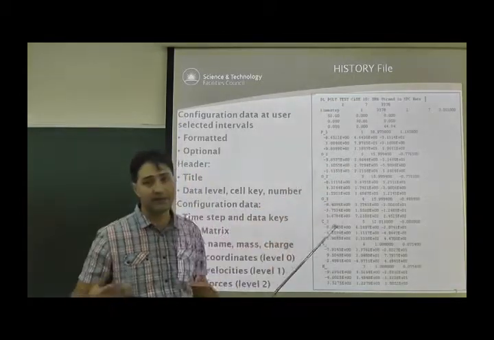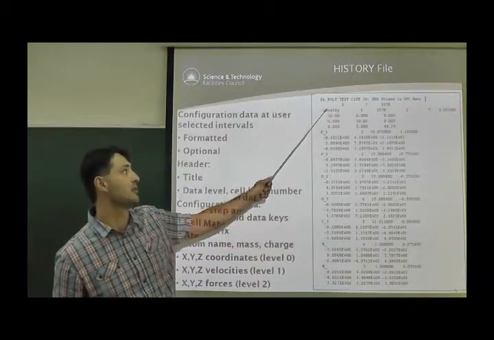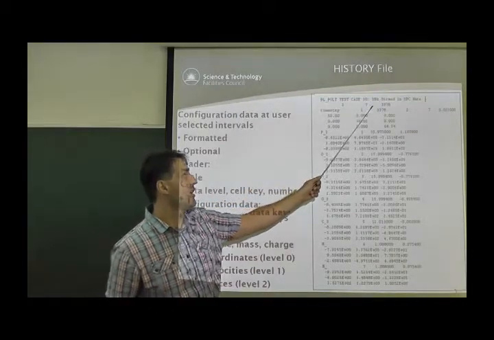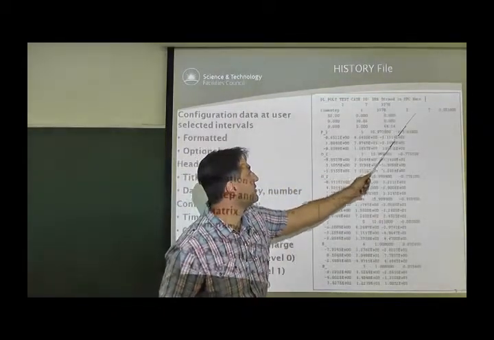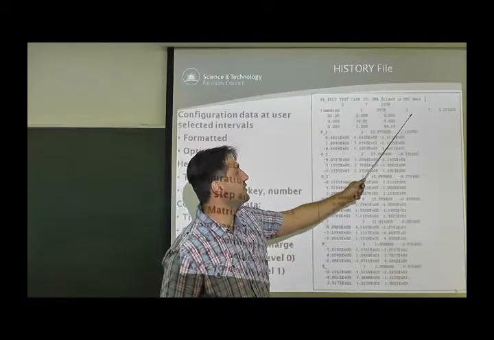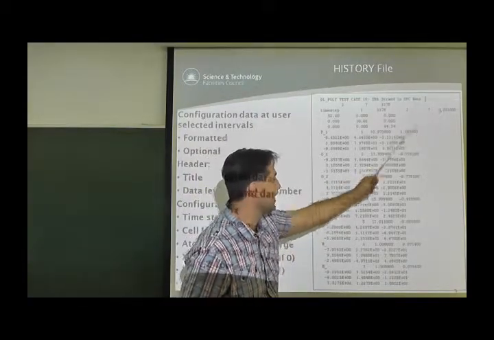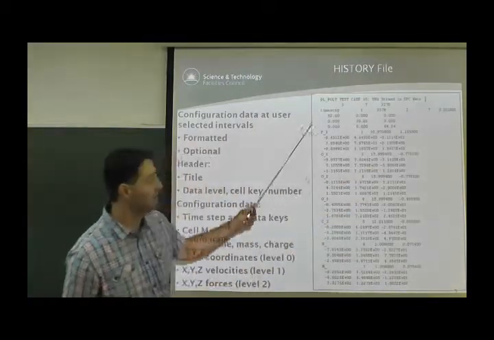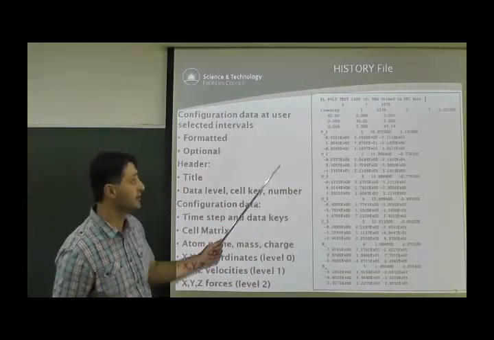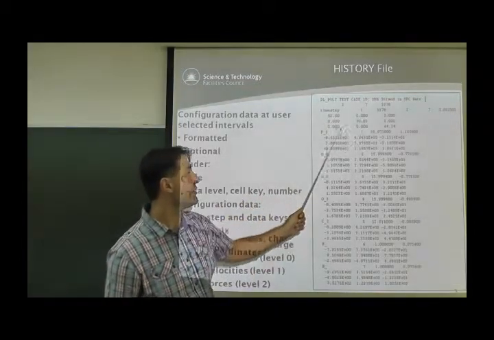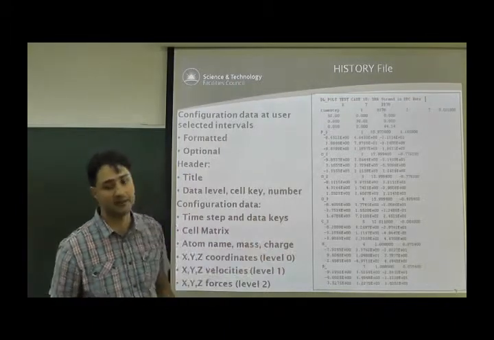And then for each frame, we start with a time step. So here it says time step 1, how many particles. Again, it repeats some of the information, level of information, image condition, and what is the time step. Then it gives the lattice cell vectors, row by row, and then it starts with the particles.